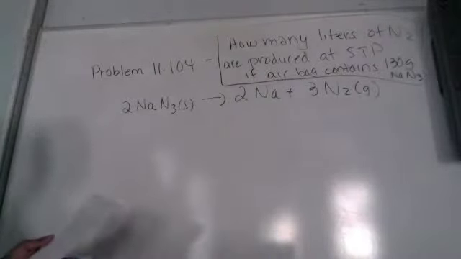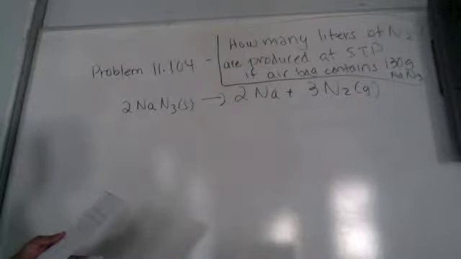And basically I haven't written the whole problem out because it was not useful, but it says when sensors in a car detect a collision, they cause the reaction of sodium azide, which is NaN3. That's a common name for sodium nitride, I guess, sodium azide, which generates nitrogen gas to fill the airbags within 0.03 seconds.